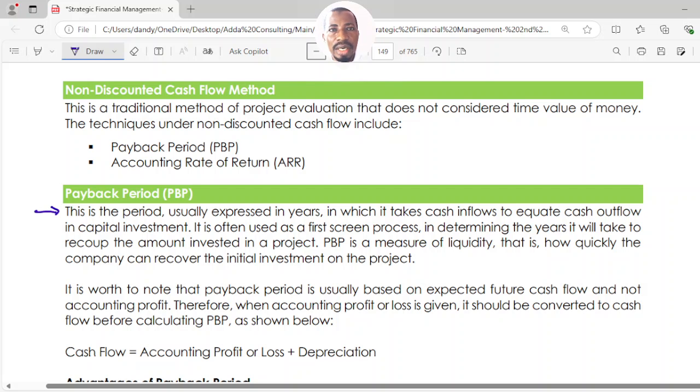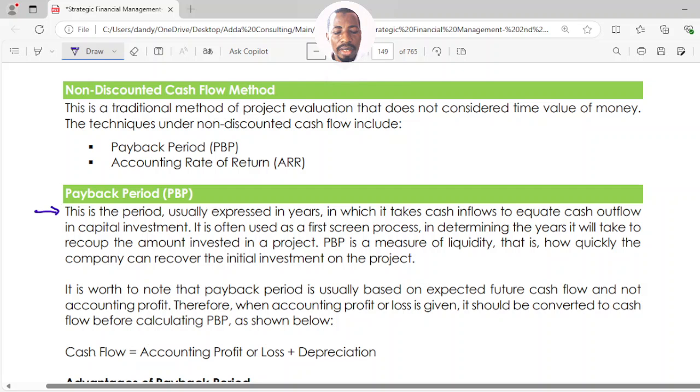That is, how quickly can a company recover or recoup the amount invested in a project. Therefore, payback period is a measure of liquidity because the focus of management is the recovery of their initial investment. So, payback period measures liquidity of a project.